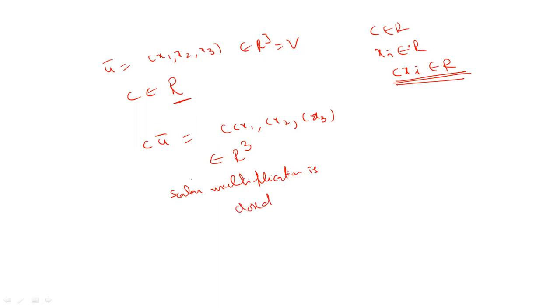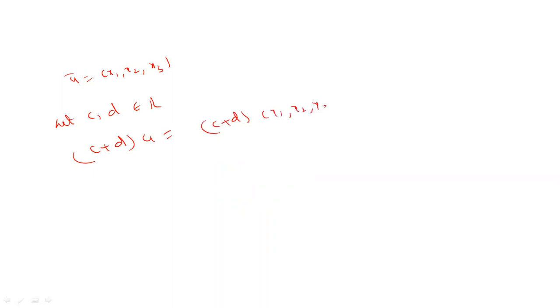Next, what are the other properties? You have four more properties. u bar is equal to (x1, x2, x3). Let C, D belong to R. (C plus D) into u, that is (C plus D) into (x1, x2, x3). That is ((C plus D)x1, (C plus D)x2, (C plus D)x3).